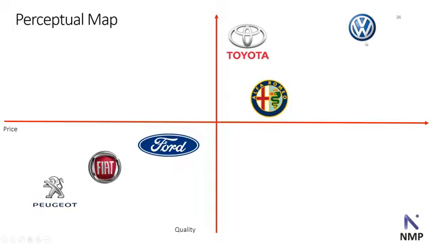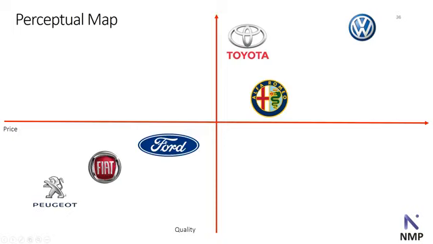We have Volkswagen, which is considered a higher priced car, but with higher quality. Toyota has high quality as well, but it's cheaper. Alfa Romeo's quality is less than Toyota's, not that good, but the price is a little bit higher. That's how customers, the actual consumers, consider it.